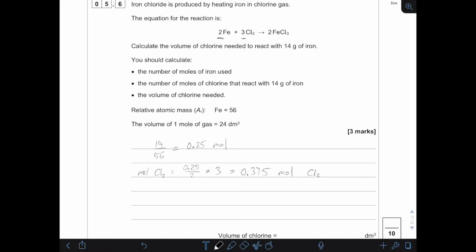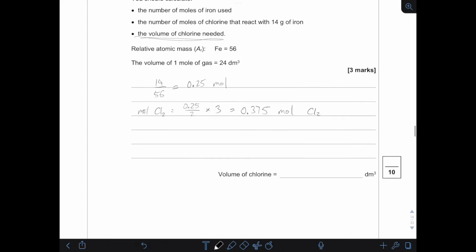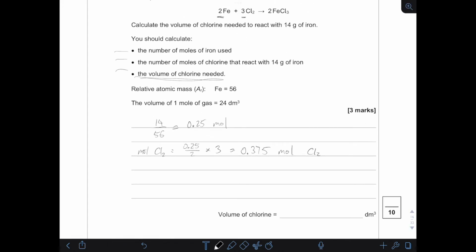Oh, actually, it even tells you how to do this question. That's very easy for you. So we have the number of moles of iron, which is 0.25. The number of moles of chlorine used is 0.375, and then the volume of chlorine we need.